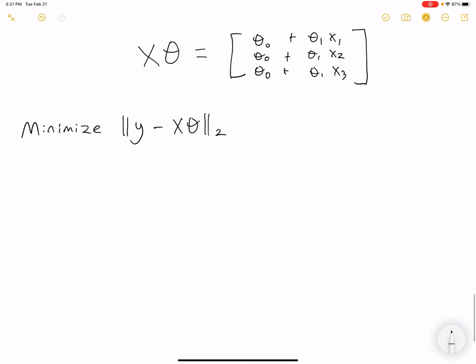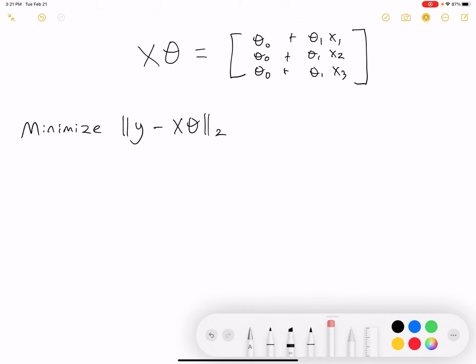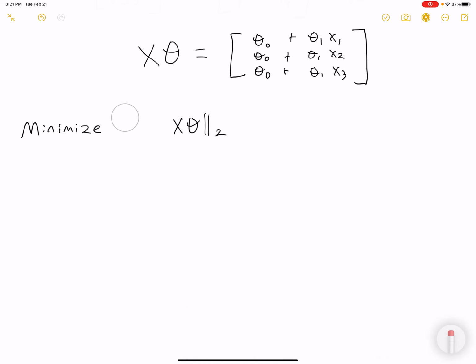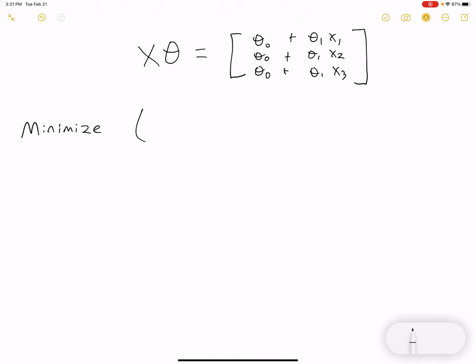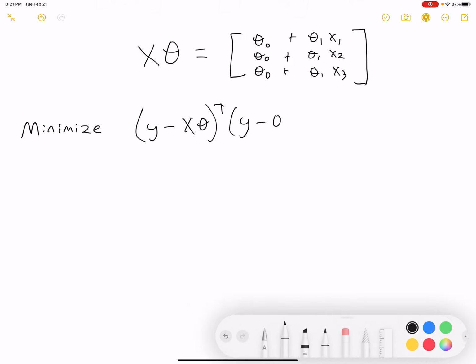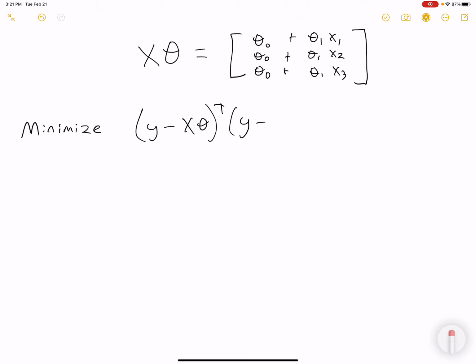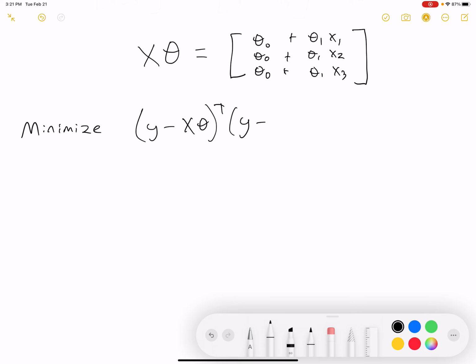And so we could write it as, actually I'm just going to write it like this: y minus X theta times y minus X theta, so the mean square error.